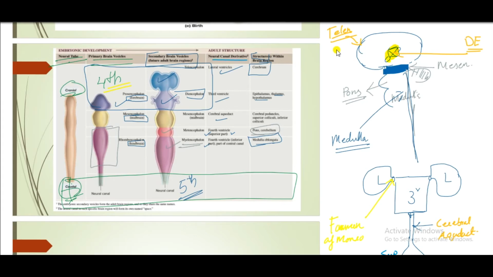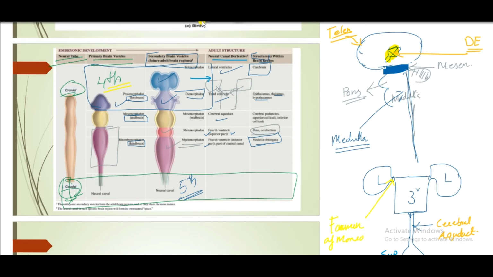The neural canal derivative of telencephalon is lateral ventricle. And this is our third ventricle. From lateral ventricle, the CSF is drained to the third ventricle.